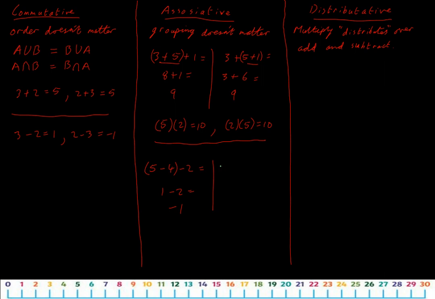Or I could have 5 minus 4 minus 2, and I could group it together like this, and I would end up with 4 minus 2 is 2. Minusing 5 from 2, I would end up with 3. So minus 1 and 3 are not the same. So the order in which we break up or group our minuses does matter, but we can see that it doesn't matter when we have addition or multiplication.